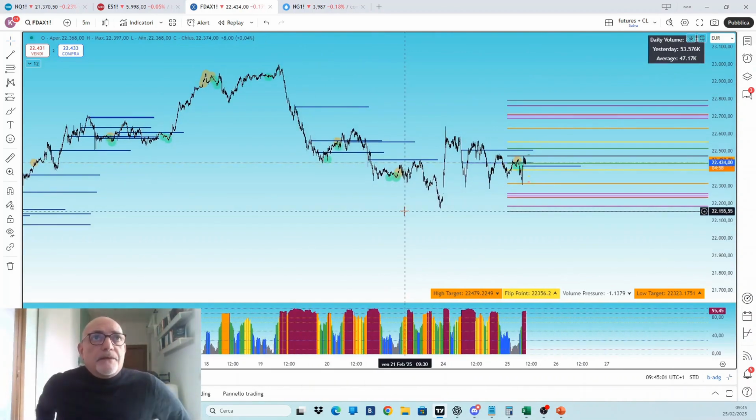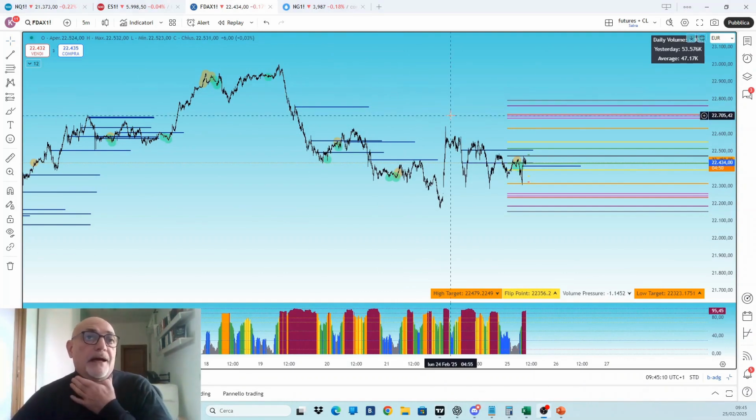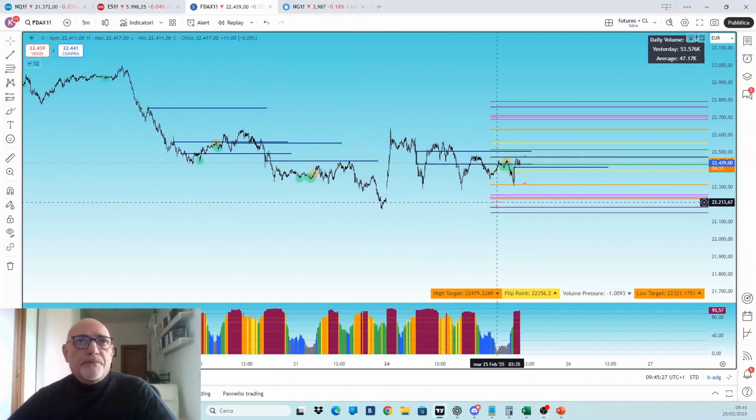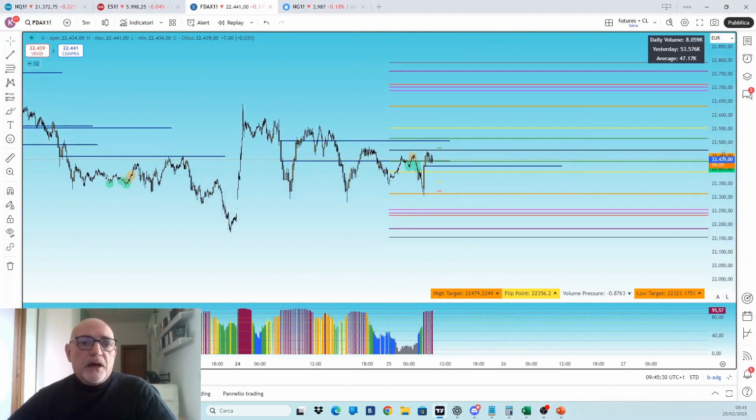In short, they're trying a bit of a recovery, but the situation is absolutely, I would say, alarming, in my opinion, regarding Europe for everything. As we've already said, probably in the past few days, we can't add anything new except this: the perpetuation of decisions, in my opinion, out of any logic. We'll see, in short, how things develop.